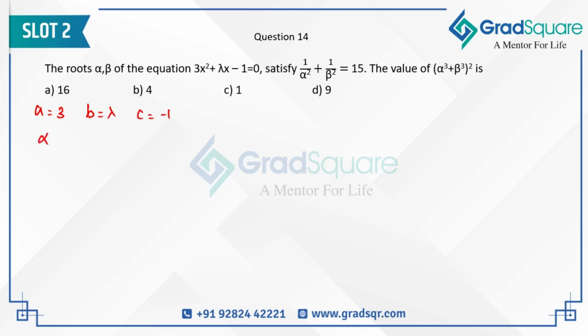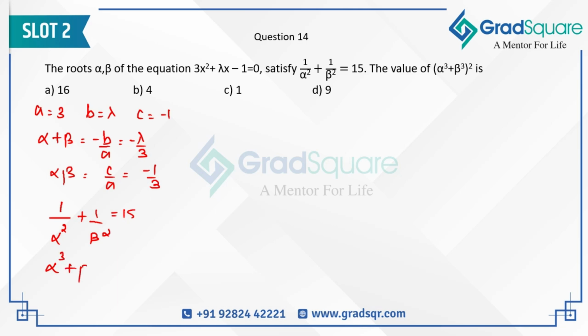And I can say the sum of the roots is equal to minus B by A, which is going to be minus lambda by 3, and alpha beta is going to be C by A, which is going to be minus 1 by 3. And we are also provided with 1 by alpha square plus 1 by beta square equal to 15, and we are required to calculate the value of alpha cube plus beta cube the whole square.